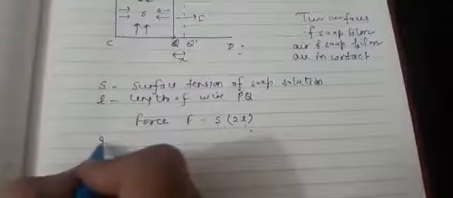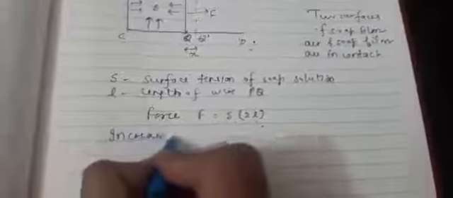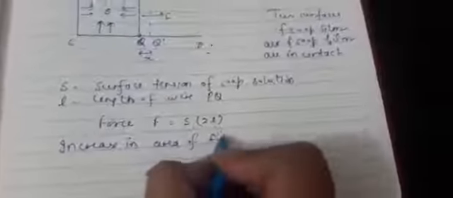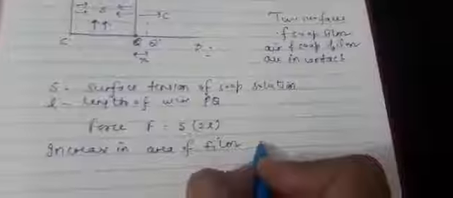Now to increase the area of the soap film, we have to pull PQ through a distance x. So the increase in area of soap film, let me represent it by ΔA, will be equal to, see in the figure, this is the length and this is the breadth.